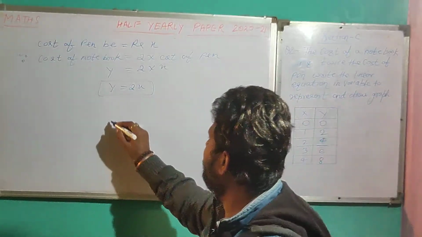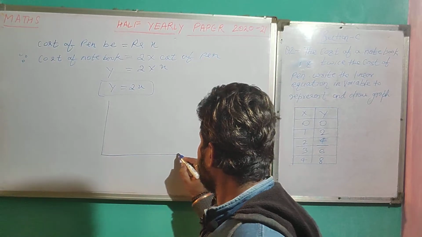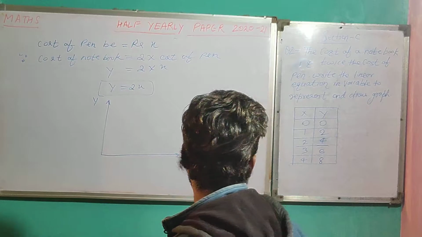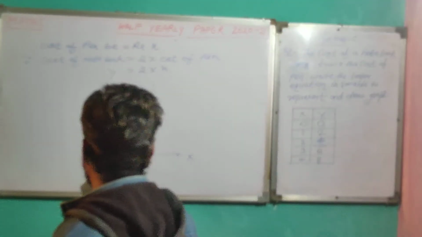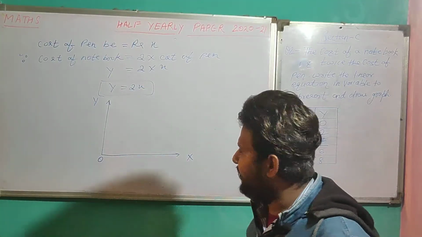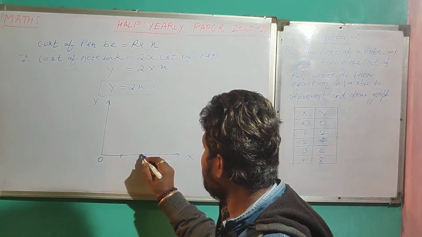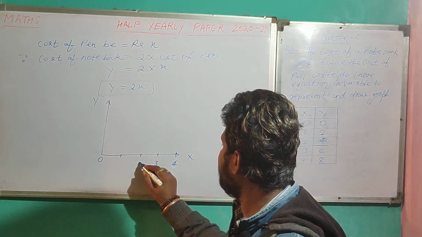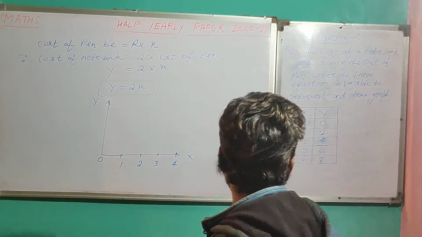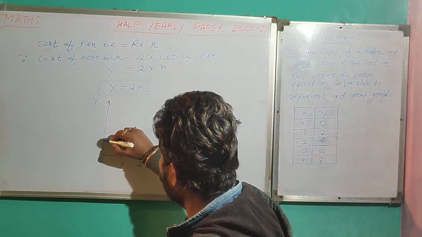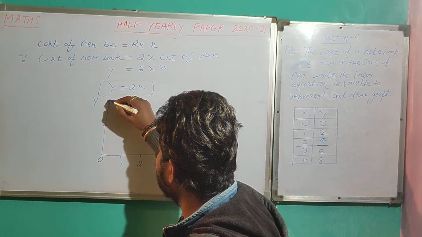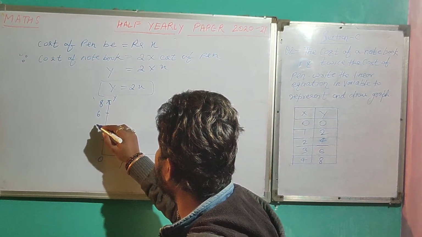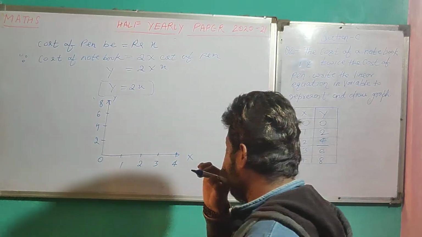So, if you will draw the graph, this is X, this is Y. This is 0, this is 1, this is 2, this is 3, and this is 4. On the y-axis 0, 2, 4, 6 and 8. This is 8, this is 6, this is 4 and this is 2.